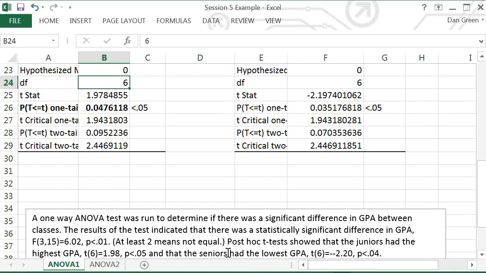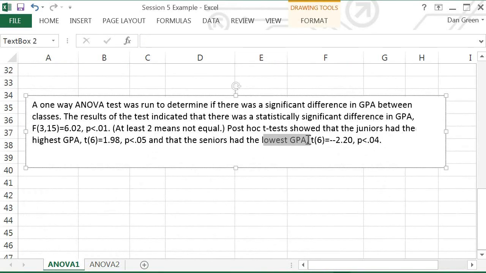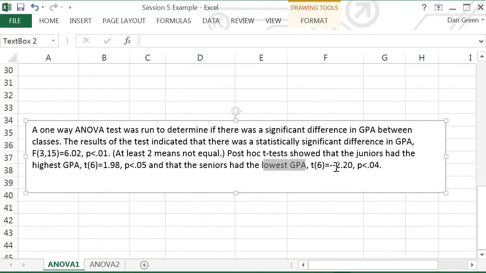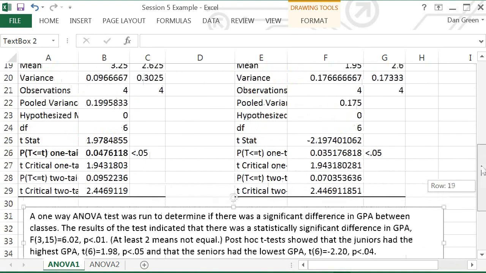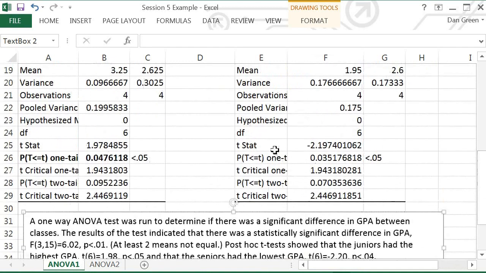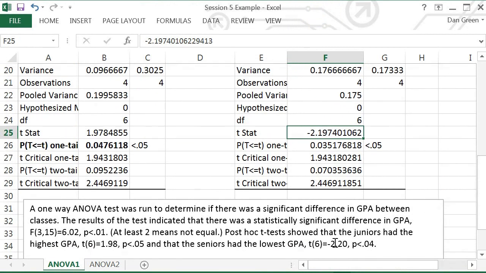And then we showed that the seniors had the lowest GPA. We want to indicate their t-value and their p-value. If we go up to the t-test for the seniors, that's the second t-test, we see that the test statistic was negative 2.197, which if you round that, is negative 2.2. Degrees of freedom were still 6, that's right here. So you put the degrees of freedom in parentheses.